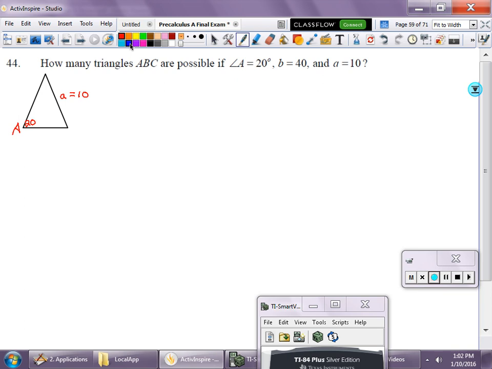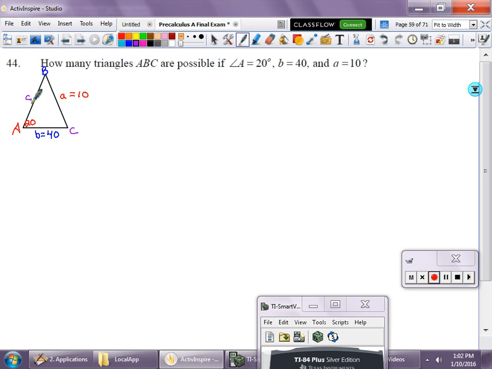I'm going to put matching pairs in different colors so we can see it. Side b is 40 units of measure, opposite angle B. The same thing is true for C, which is not even listed here, but we're going to respect it anyway. Angle C is opposite side c.